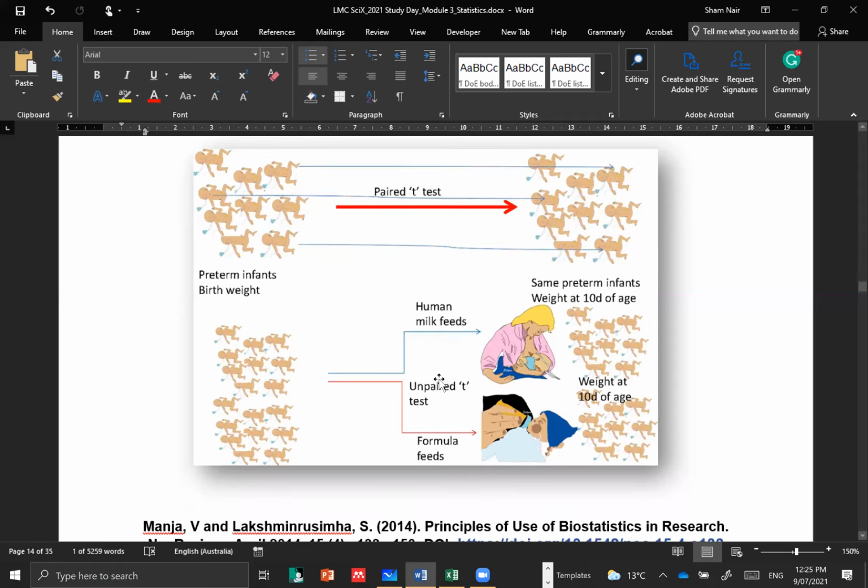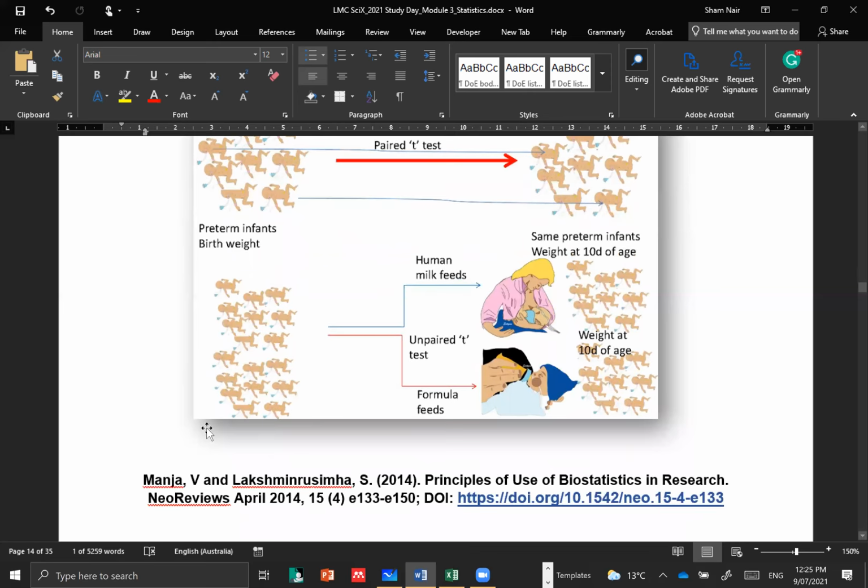The other type is where we compare groups. So here we have, again, a group of preterm infants. One group is given breast milk, the other is given bottled milk. Now, because each baby is either in the first group or in the second group, each baby is only measured once. This is called an unpaired t-test.